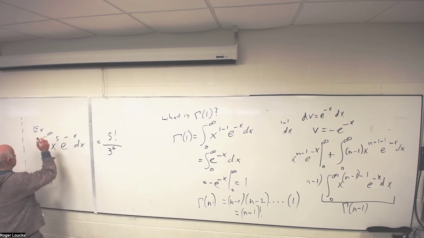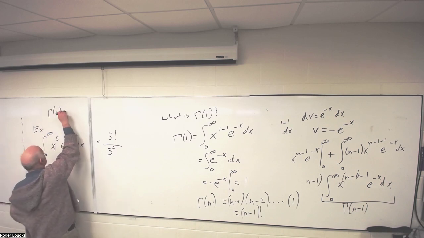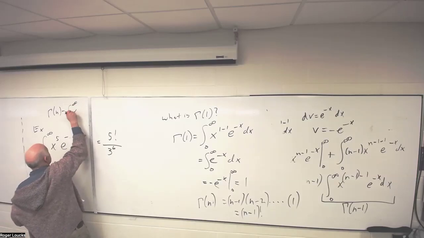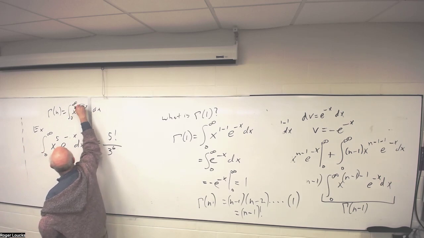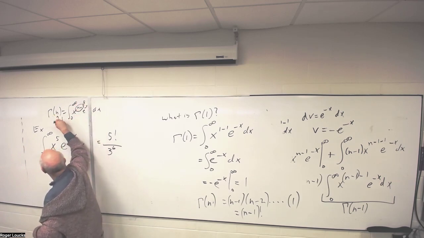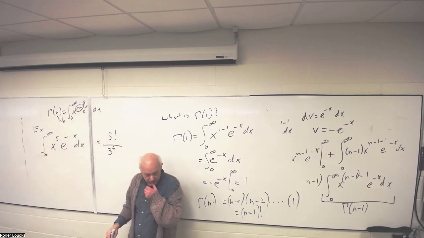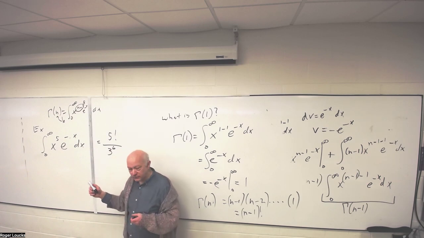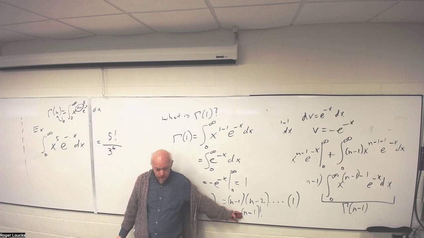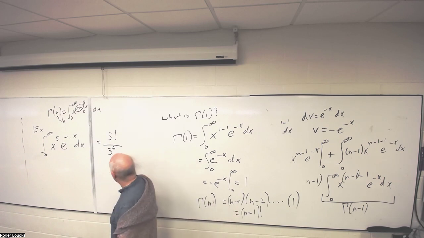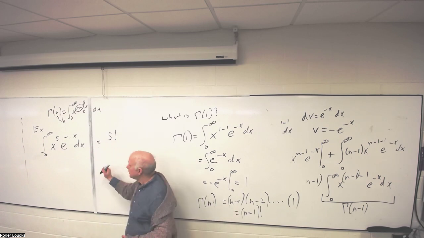Remember what your gamma function is: x to the n minus one, e to the minus x. So this is a 5, which means that this is actually a gamma of 6. Gamma of 6 then has to be put into a little prescription here, N minus one, so 5 factorial. So that's what we would have if we just had that.